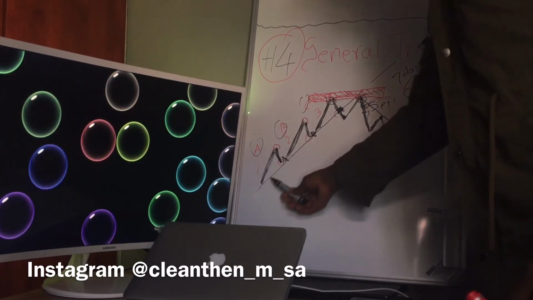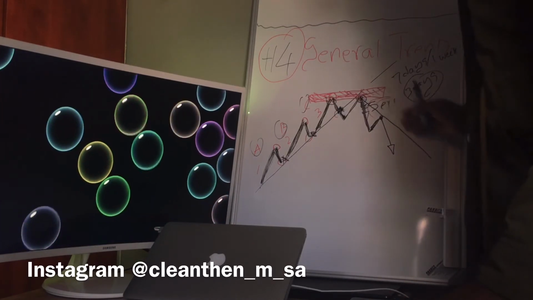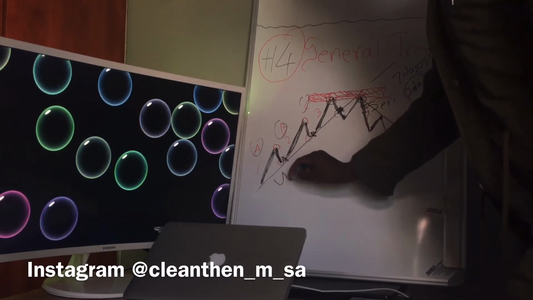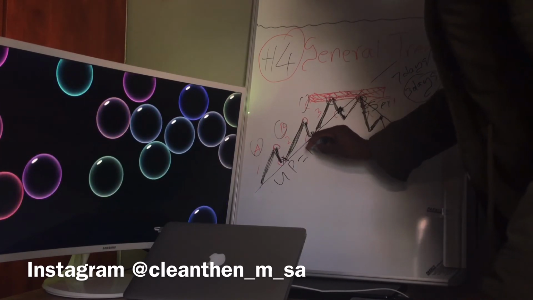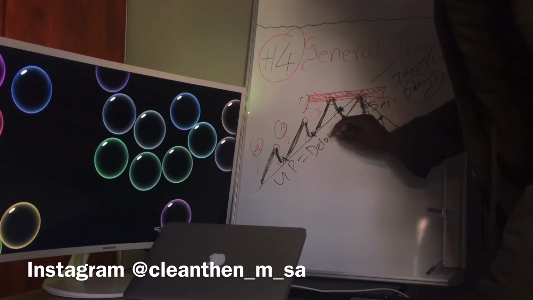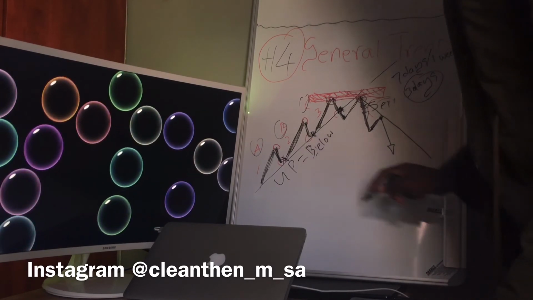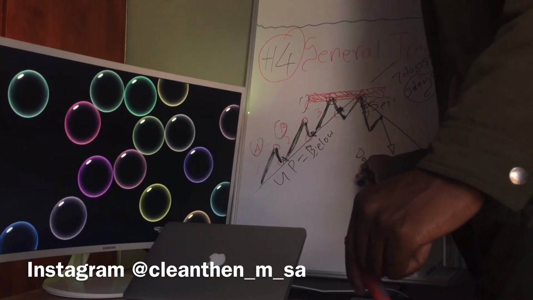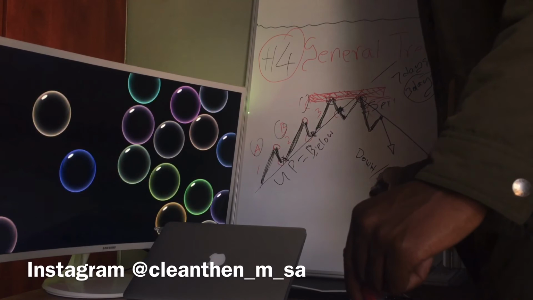Because this trend line was below, this time it must be above, because this is a downtrend. So up is the same as below, and down is the same as above.